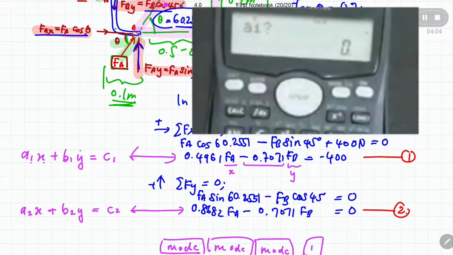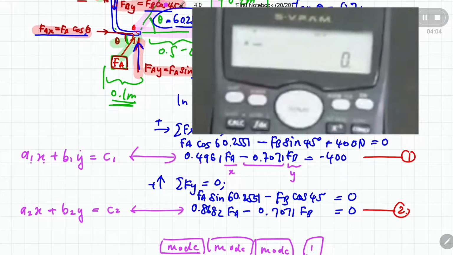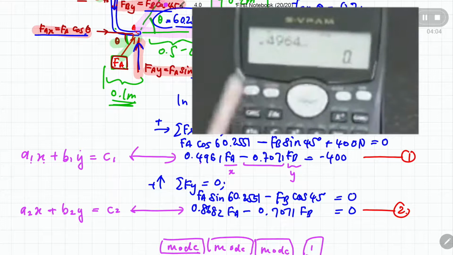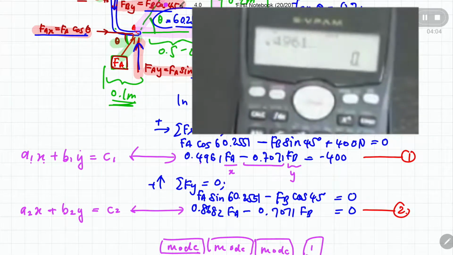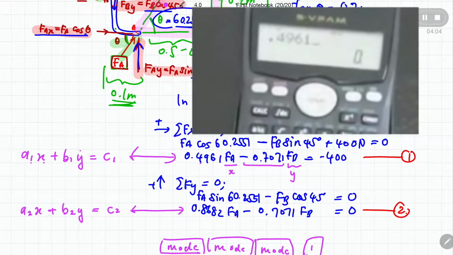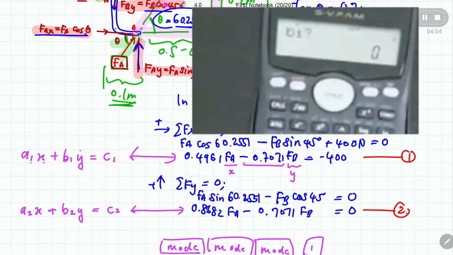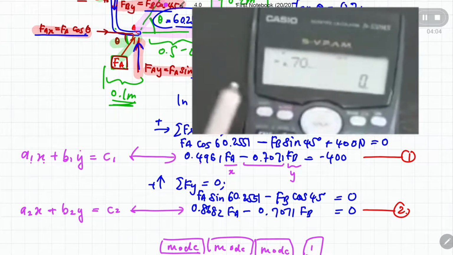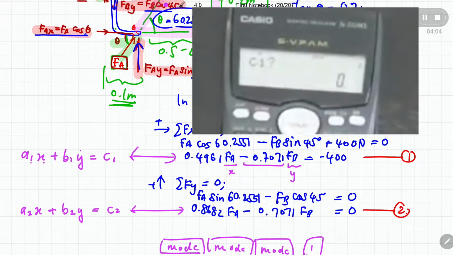So based on your equation format tadi, your A1 is 0.4961. Okay, bila dah masukkan value tu, you tekan sama dengan or enter. So dia akan tanya pula, what is the value of B1? So B1 is negative 0.7071. So tekan lagi sama dengan. Okay, and then they will ask you what is C1.